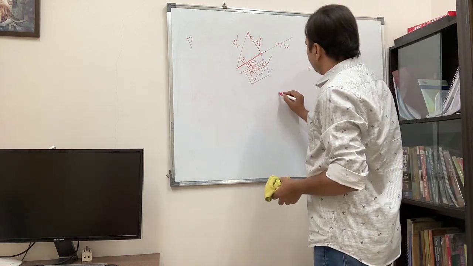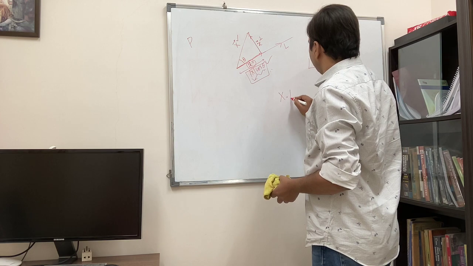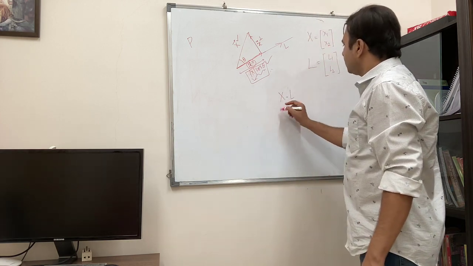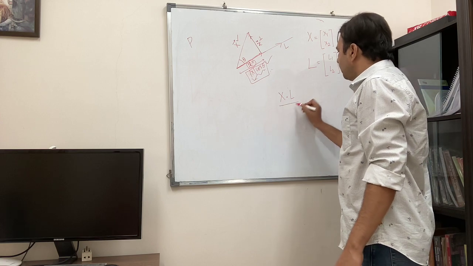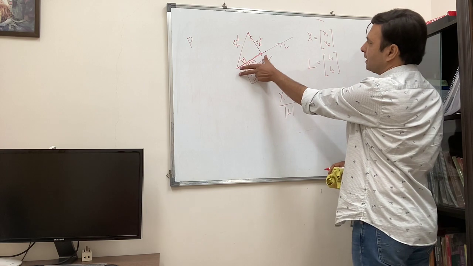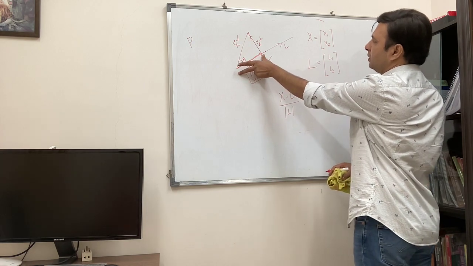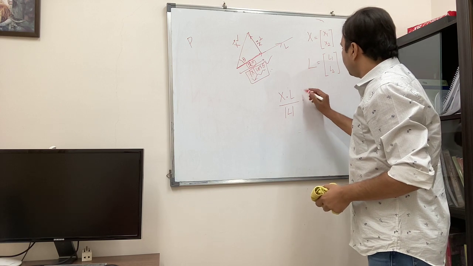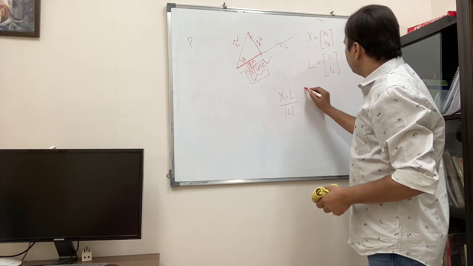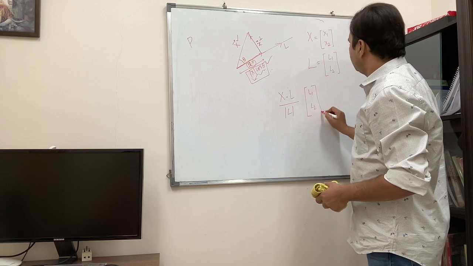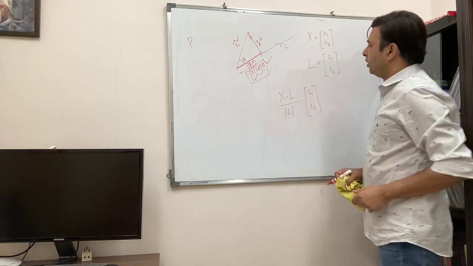First, I have to compute x dot L, which will give me a number, and then this is divided by the length of L, which will give me the size of the vector which is in this direction, and then I have to multiply this number by L1, L2, because this is the L that I want.